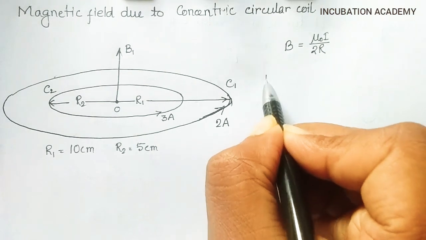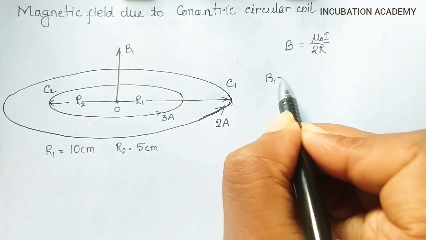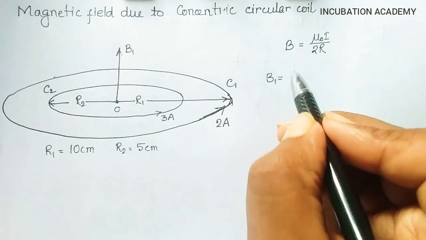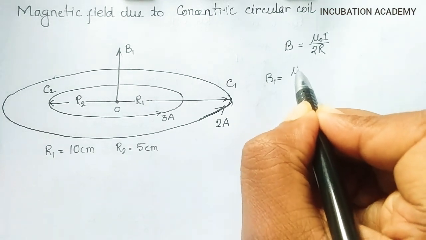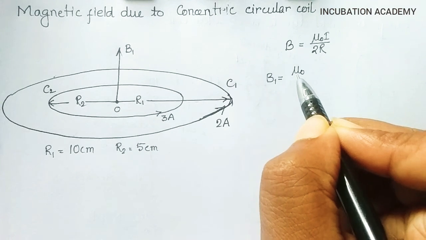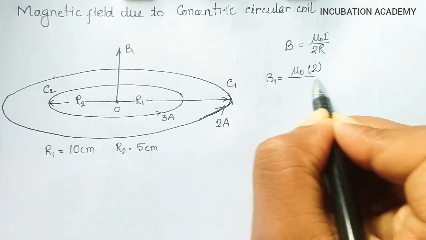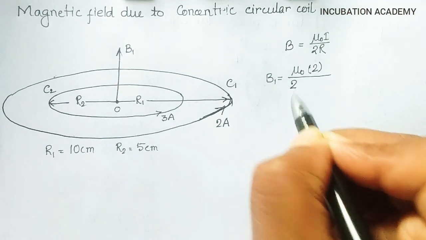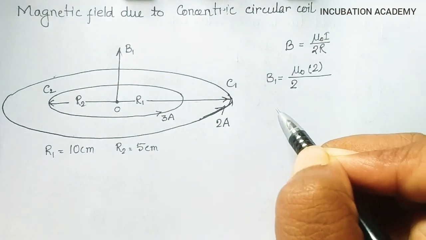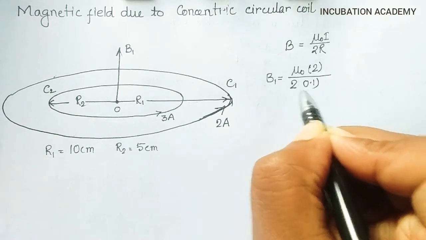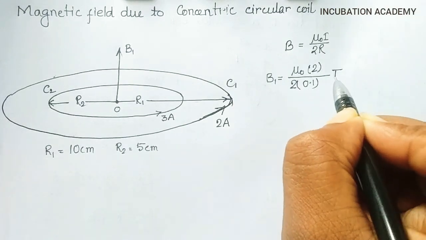So now what is the value of the magnetic field? That is B1. The value of magnetic field B1 can be written as mu naught, the current in the coil C1 is 2 ampere, so mu naught into 2, divided by 2 into the radius, which is 10 centimeter, so that is 0.1, Tesla.